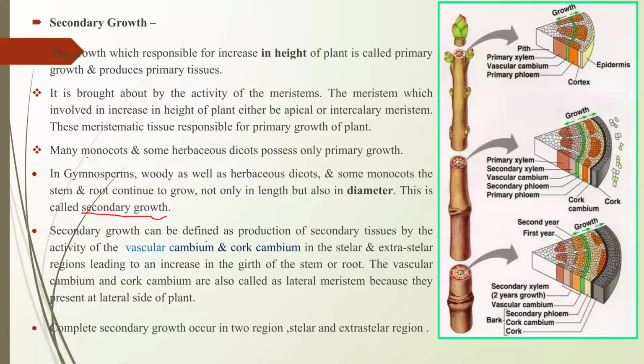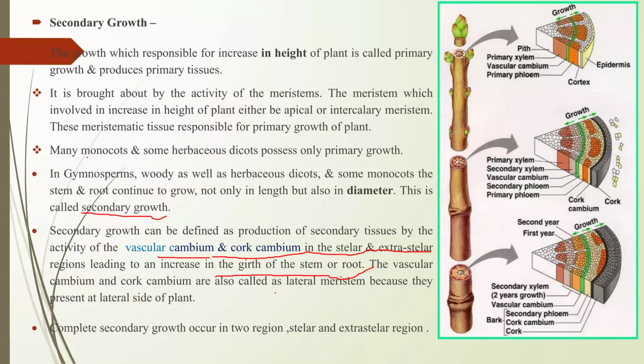Secondary growth can be defined as the production of secondary tissues by the activity of the vascular cambium and cork cambium in the stellar and extrastellar regions, leading to an increase in the girth of the stem or root.